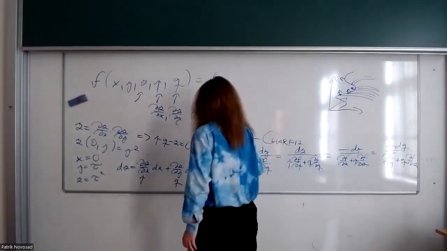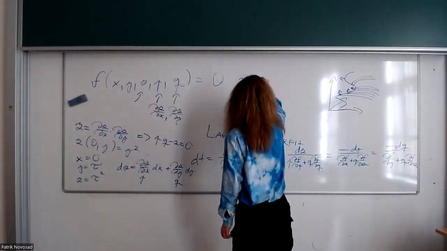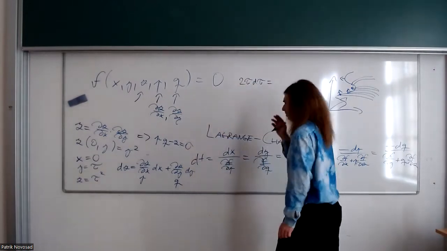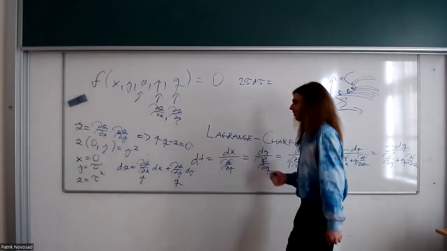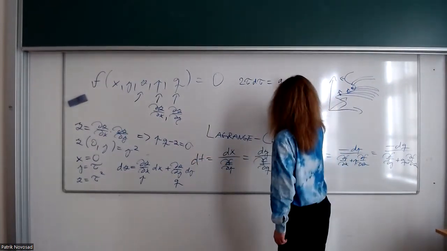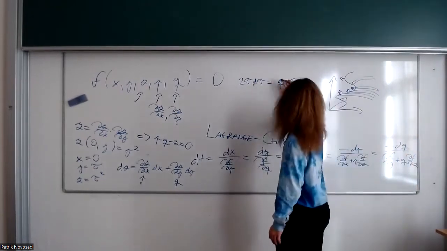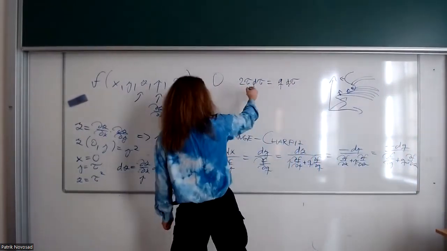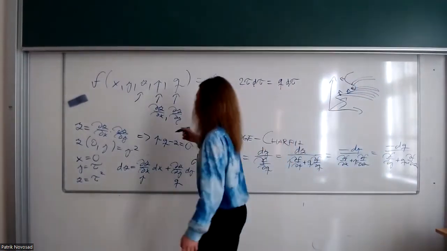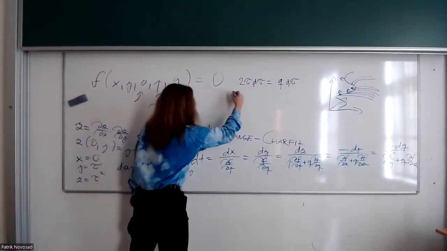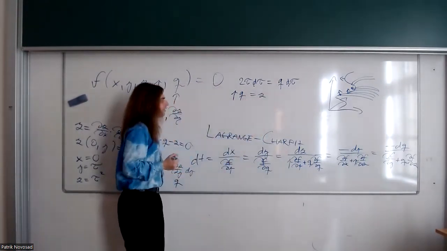Here it would just be dz, which is 2 tau d tau, equals, here dx is 0 and dy is just d tau, so we have d tau. From that, we can see that 2 tau is equal to q. And of course, we still have the equation, which says pq equals z.